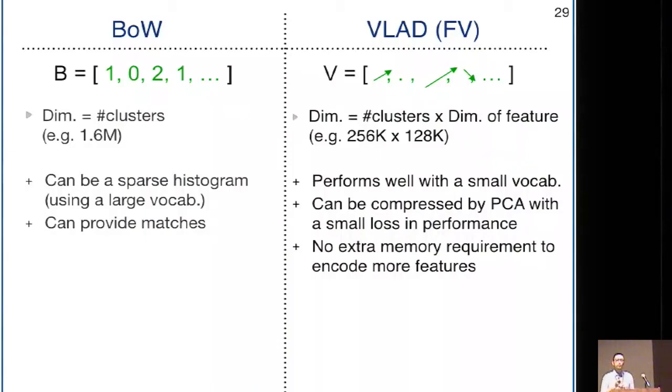Another good point of VLAD is that it does not increase the memory footprint even if you use many features. In other words, it is not a good idea to use many features in a bag of words, because then the histogram will be very dense, and you cannot compute efficiently with the inverted indexing.